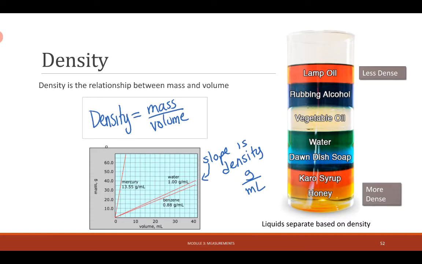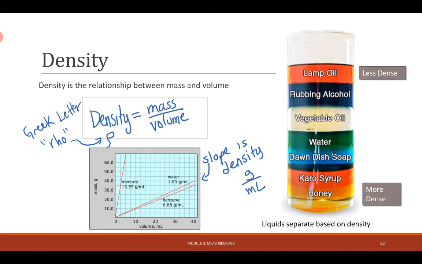Sometimes density is given the Greek letter rho, as it looks kind of like a P, but a little bit more curvy. But you can see that each of these different materials has a different density. And so those different densities will allow us to identify the material, but also exploiting differences in density can help us separate mixtures.